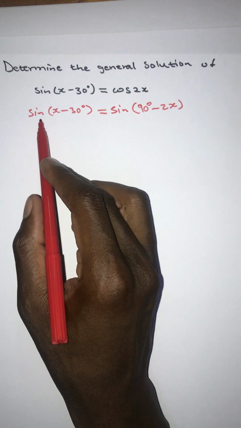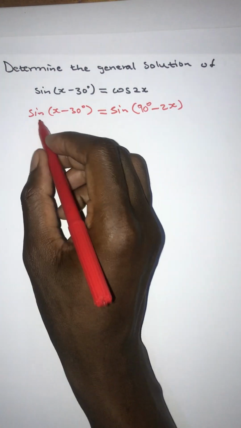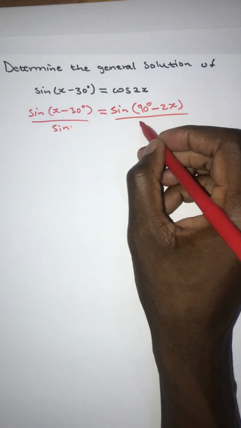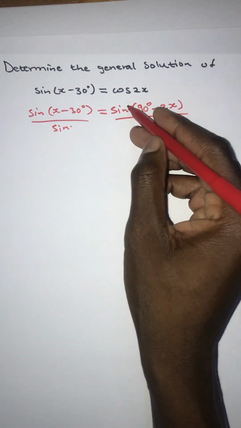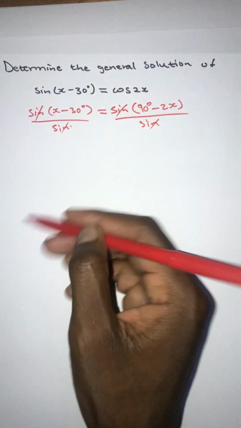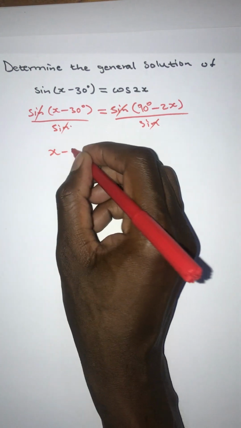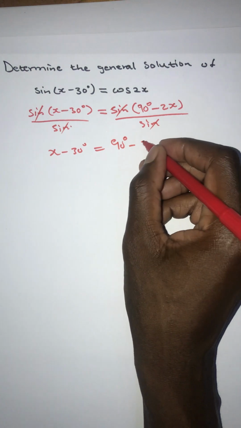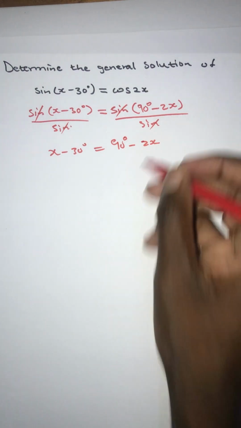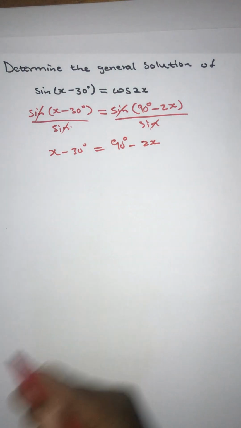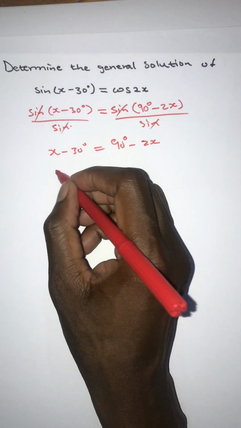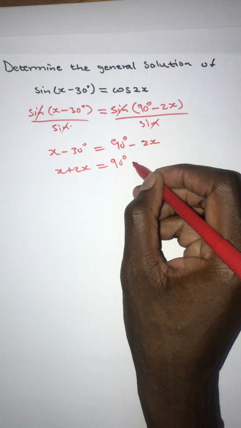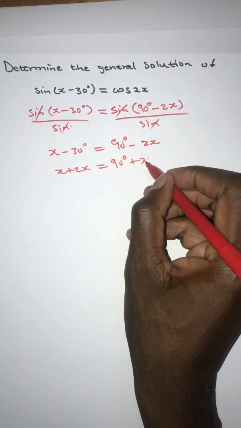So let's check now. We have sine with sine. Let's say we divide the whole equation by the sine. So this will cancel that. Then we'll be left with x minus 30 degrees is equal to 90 degrees minus 2x. So let's group the like terms. So take 2x to the other side. X plus 2x is equal to 90 degrees plus 30 degrees.